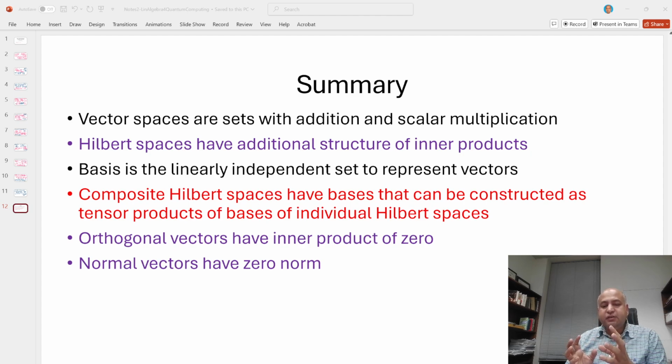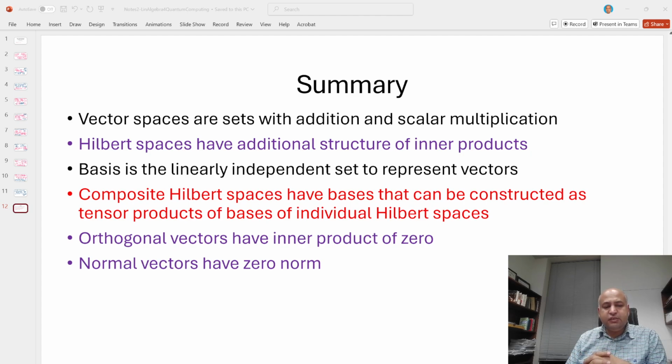And then any vector in the vector space can be represented in terms of a very small set of vectors which are linearly independent from each other, and that linearly independent set is called a basis. Any vector space can have, and actually usually has, many bases. And one thing to remember is that the elements in the basis don't have to be orthogonal, but if they're orthogonal and also normalized, it's very nice to have them, because it helps us greatly in computations.